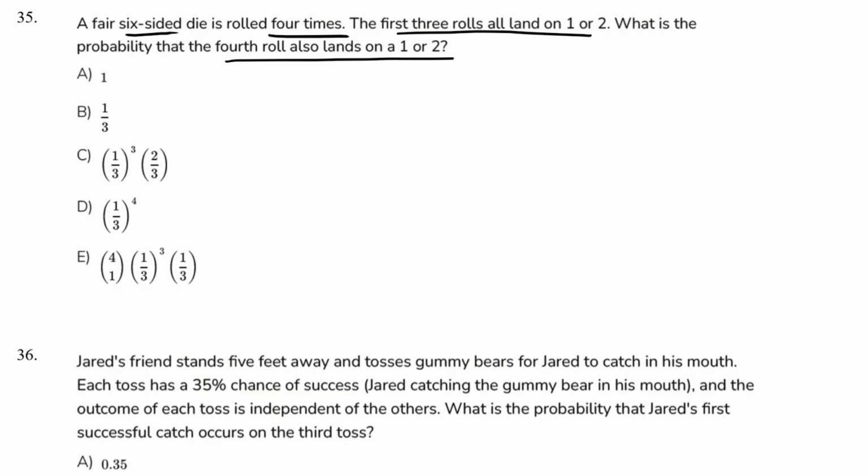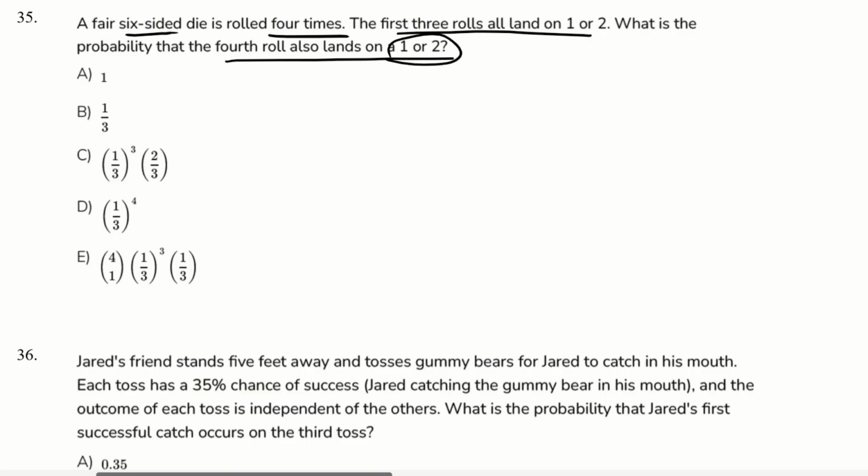Well, no, because it should be independent, right? Each roll should be independent of the next. So it doesn't really matter what we have for the first 3 rolls, as far as the fact that we got that 1 or 2. The probability of the fourth roll is just going to be whatever the probability is for that roll. Because they're independent, it's really simple. We just want the probability that it lands a 1 or 2.